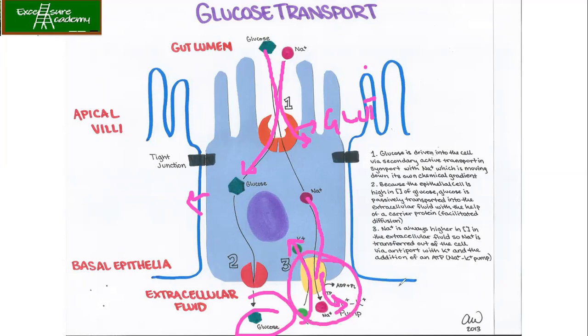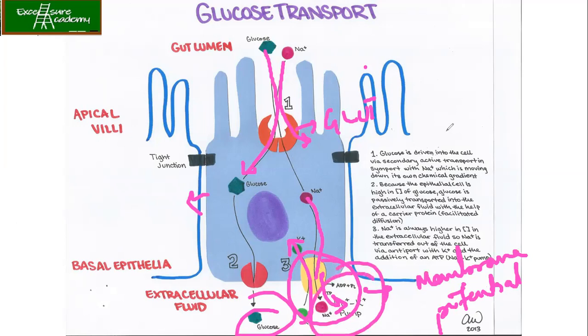Now why is this important? We talked about the membrane potential, right? Membrane potential, we will talk about in detail. Here one of the proteins is your Na plus K plus ATPase. About this we'll talk later.